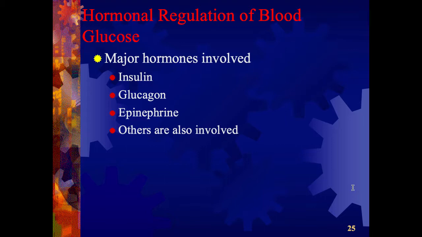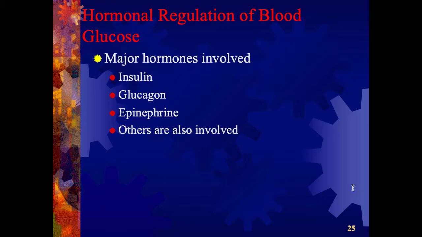Let's talk about hormones. There's quite a few of them involved in this. We're just going to look at 3 of them, but mainly the first 2, insulin and glucagon. We know insulin decreases blood glucose, and glucagon increases it. What does epinephrine do?